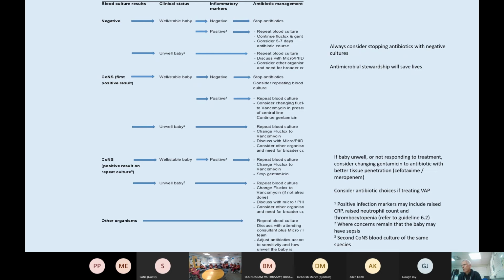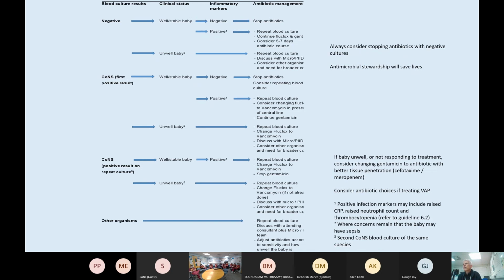And if babies have got gram-negative septicaemia, then it's generally held that just giving gentamicin is not going to be adequate. So if a baby is extremely unwell and is on gentamicin and is presenting as if it's got gram-negative sepsis, then you will want to escalate.